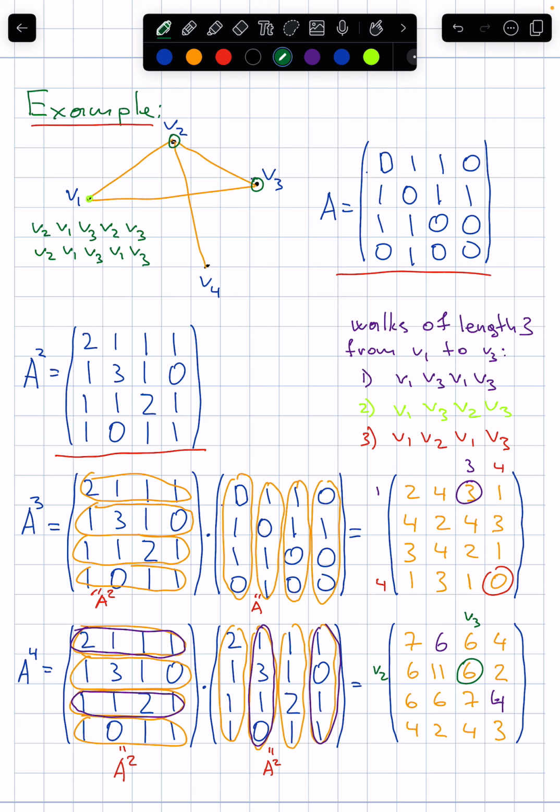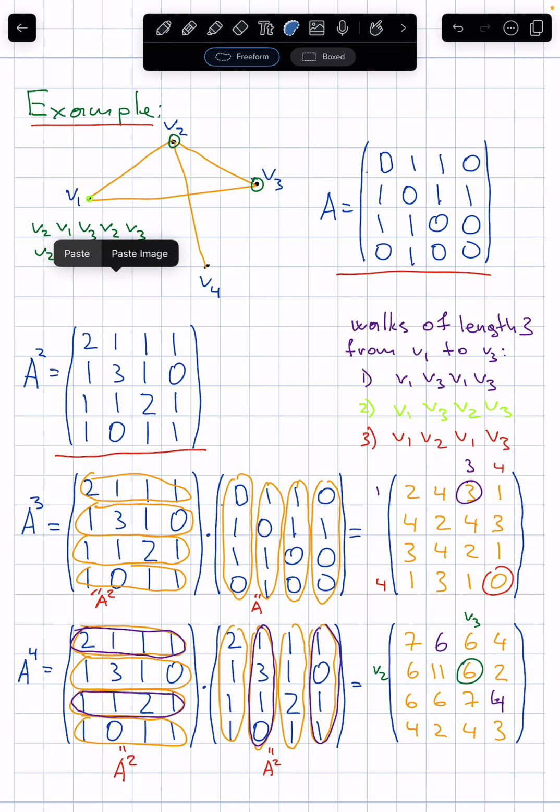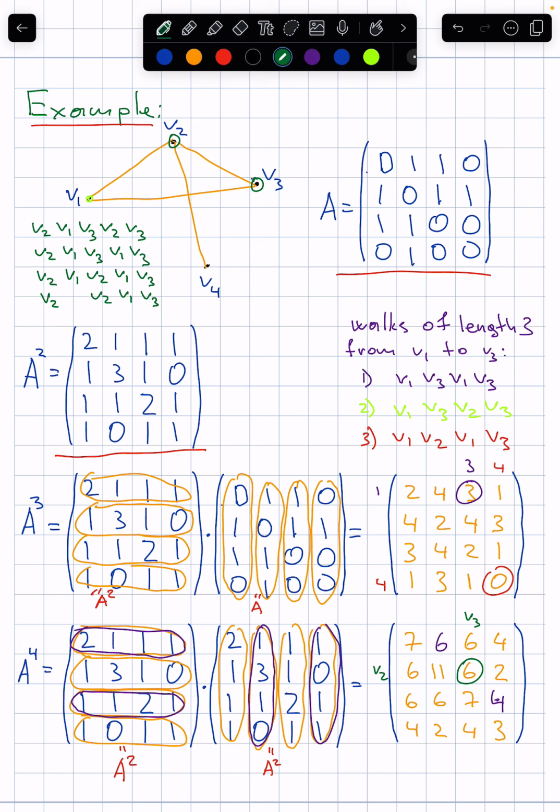So that's 2. Now we could have done something silly in the very beginning at V2. We could have used the same 2 steps as here, but before doing that, do say V2, V1, V2. Or we could have done V2, V3, V2.